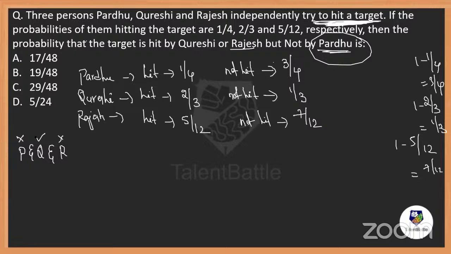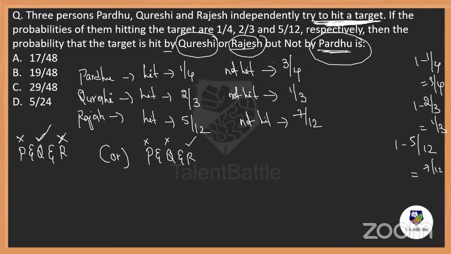The first case I imagine: Prabhu will not hit, Qureshi will hit and Rajesh will not. Or else, Prabhu will not hit, Qureshi will not hit, but Rajesh will hit. They told us the target should be hit by Qureshi or else Rajesh, not both of them.